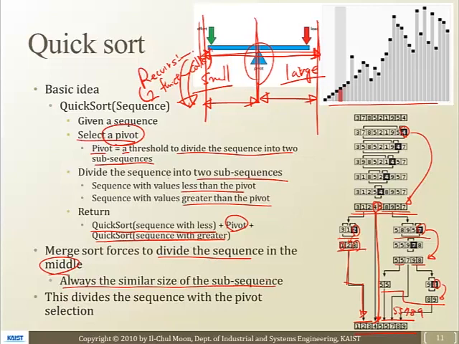If the pivot value is selected in a bad way, it means that one subsequence is very short and the other subsequence would be very long. So, for example, in the case of merge sort, if we have this range, it always breaks it in the middle. And then we have this range and this range, always breaking up in the middle.